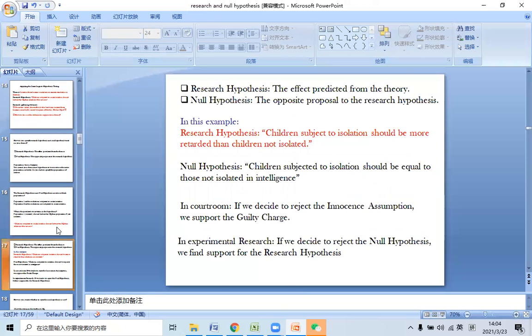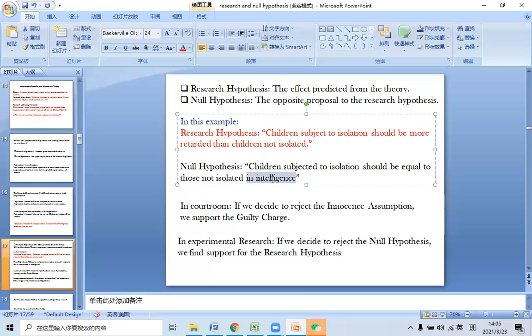And the null hypothesis is the opposite. The null hypothesis proposes no difference, no effect. Here, children subject to isolation should be equal to those not isolated in terms of intelligence.